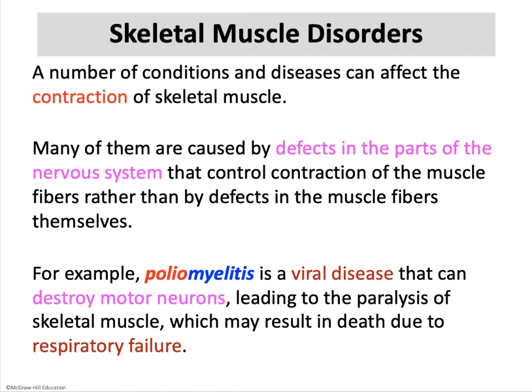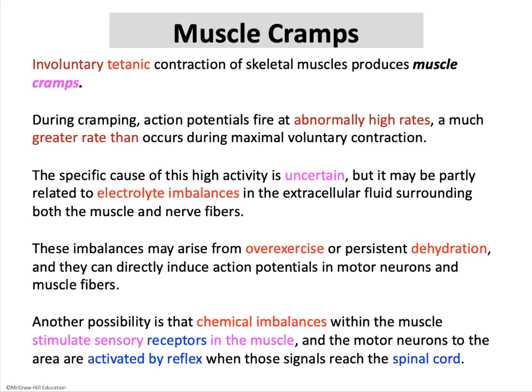The textbook next discusses a number of different muscle disorders, beginning with polio and how polio causes a destruction in the motor neurons themselves, leading to respiratory failure. Then we look at muscle cramping, which is not fully understood, but we believe here we have electrolyte imbalances and dehydration responsible for this.